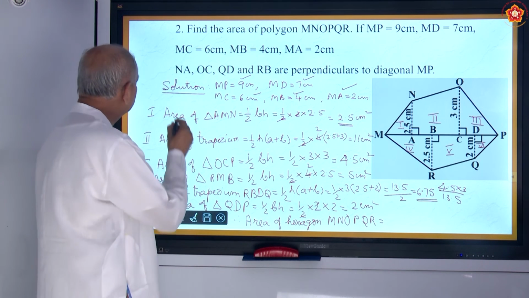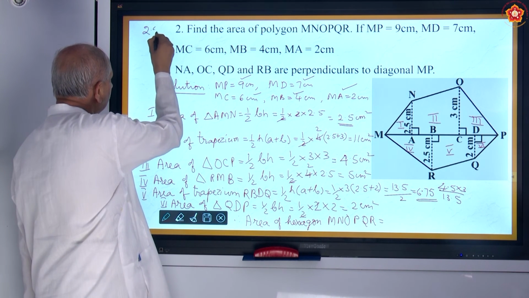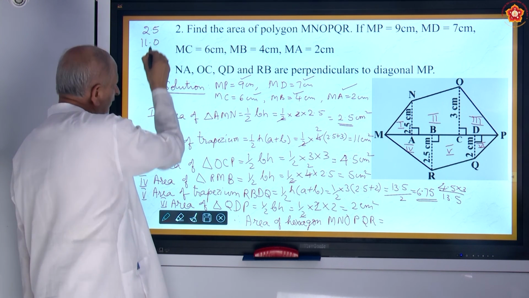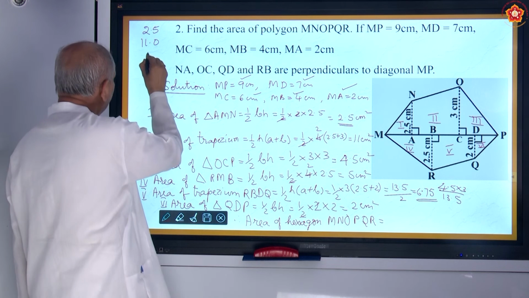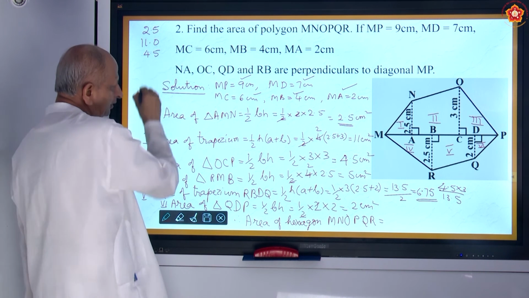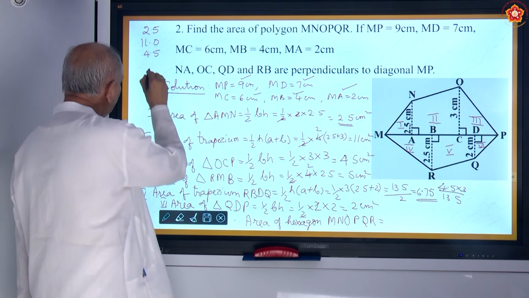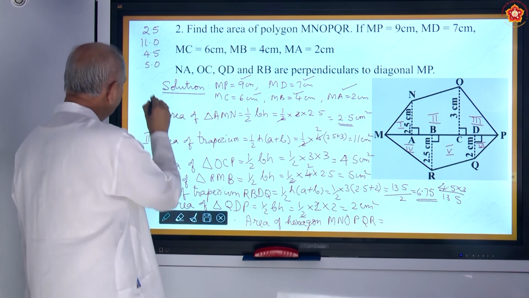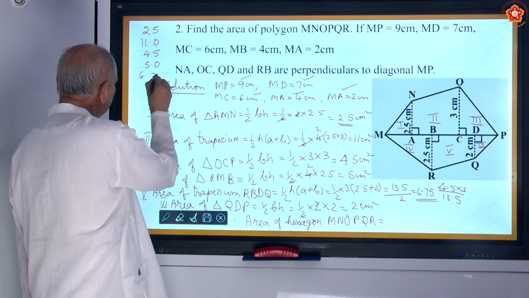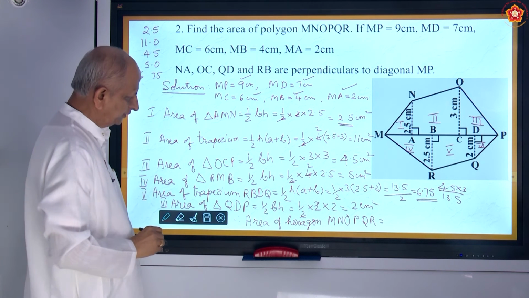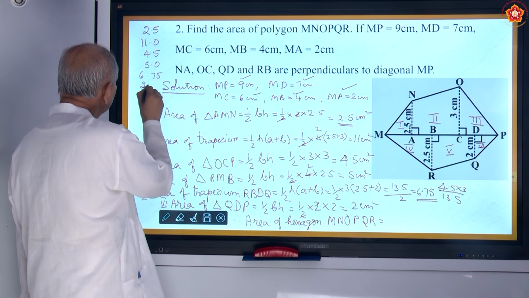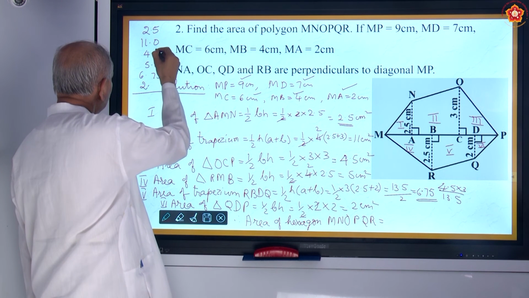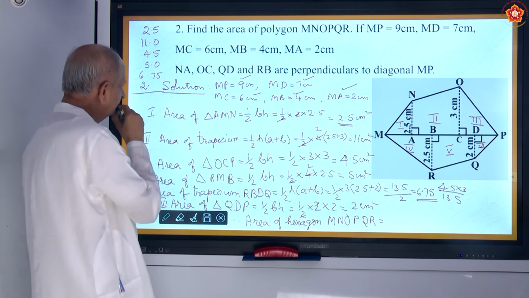First one is 2.5. Second is 11. Third is 4.5. And fourth is 5. And fifth is 6.75. And last is 2. One, 2, 3, 4, 5, 6.